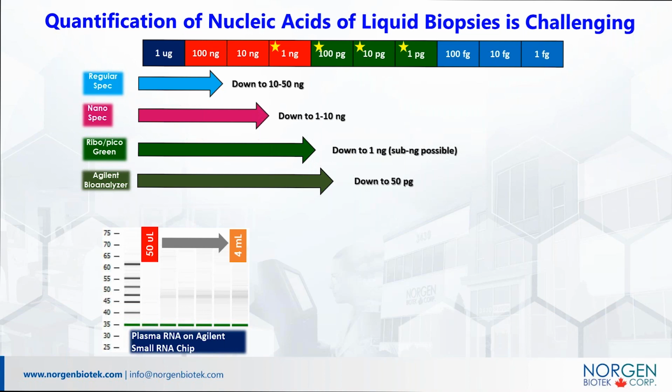And commonly used measurement tools have certain limits. And these limits are in front of you. Regular spectrophotometers, like a NanoDrop, go down to 1 to 10 nanogram. This is the limit of detection. RiboGreen or PicoGreen goes down to 1 nanogram. Agilent Bioanalyzer goes to 50 picogram, depending on the chip that you are using.